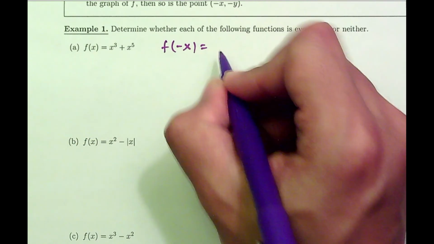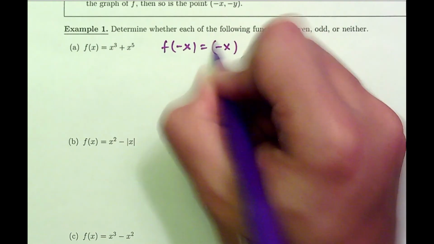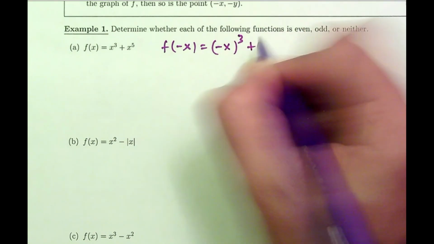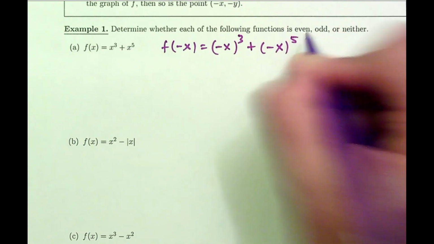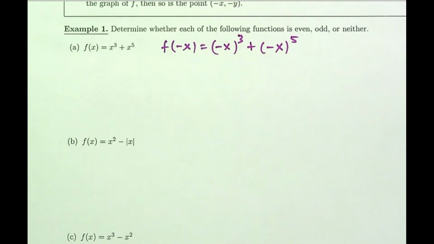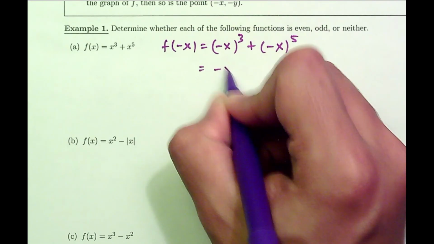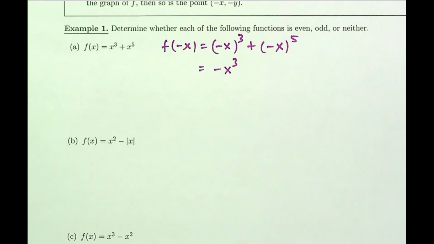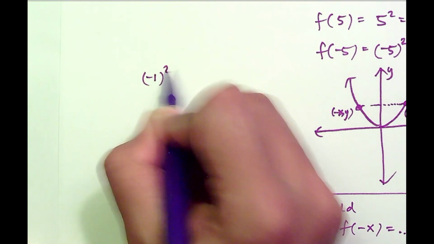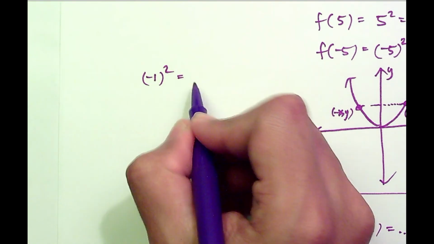So plugging in negative x in the formula, you would get negative x cubed plus negative x to the fifth. Simplify this. When you have a negative sign raised to an odd power, you end up with a negative sign. When you have a negative sign raised to an even power, you end up with positive. For example, negative 1 squared is raised to an even power, so that's 1.